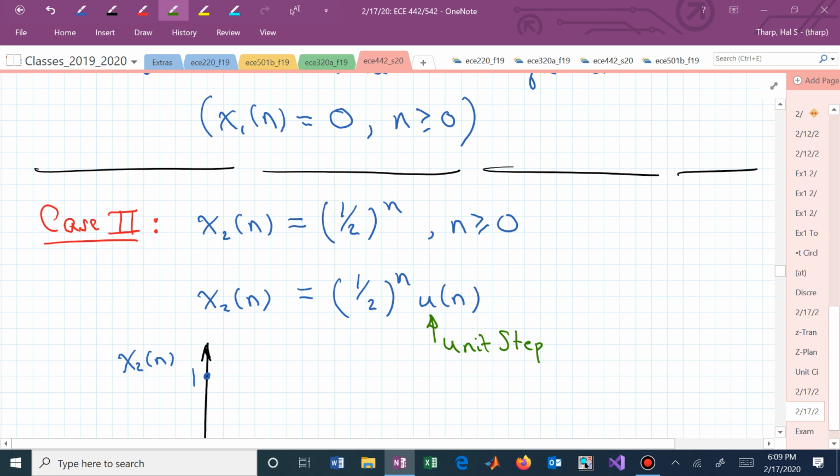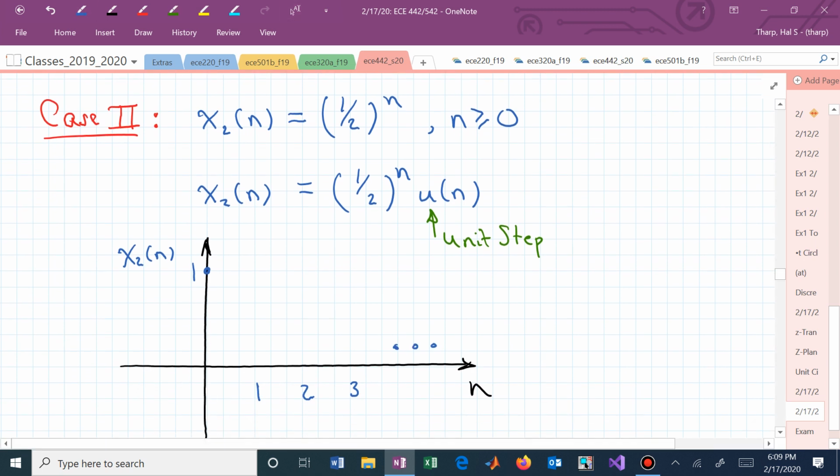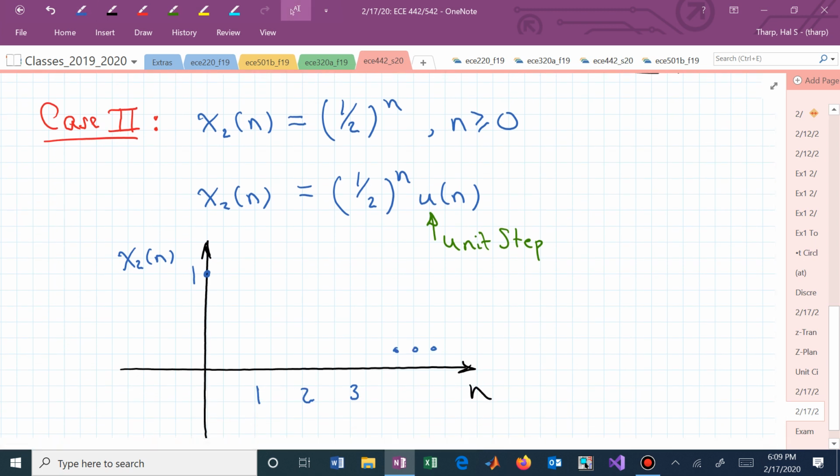What does that sequence look like now if we simply sketched it? And sometimes it's helpful to just quickly sketch so that you have time and your mind just starts connecting the dots. What is my value of x sub 2 of n at n equal to 1? That's 1/2.